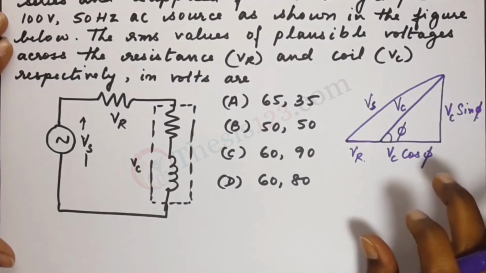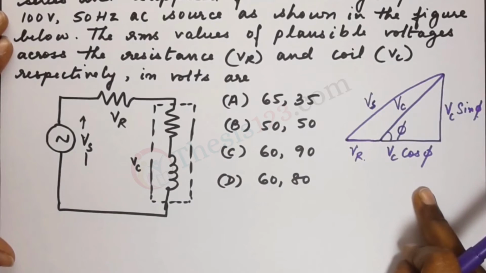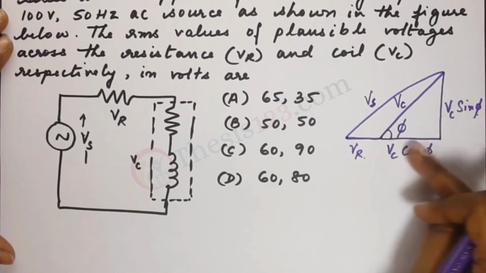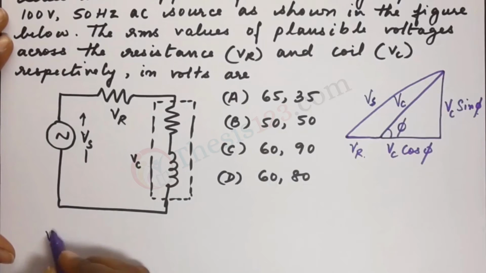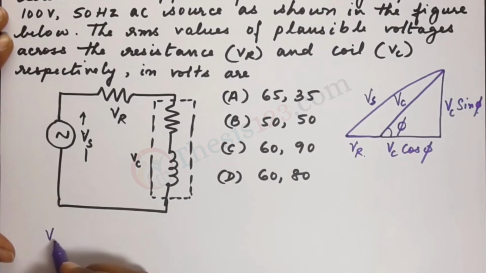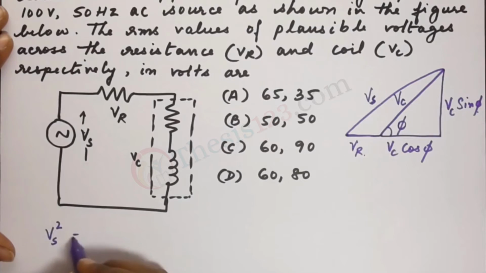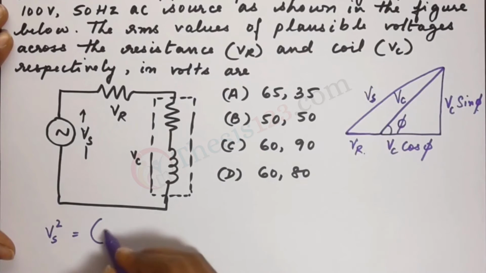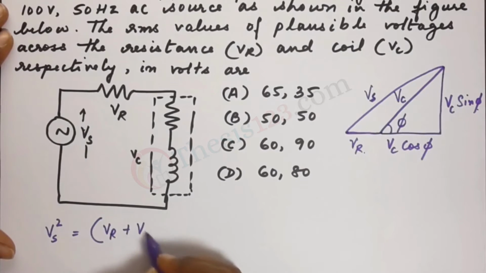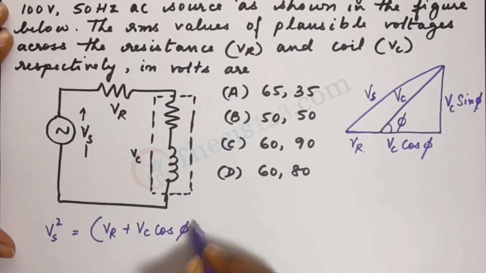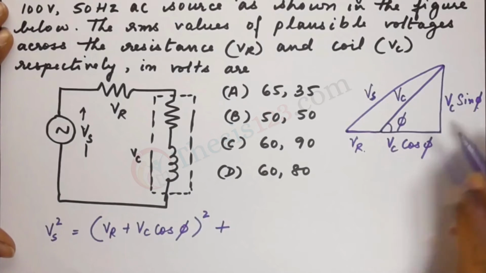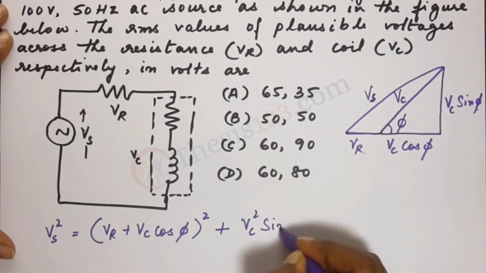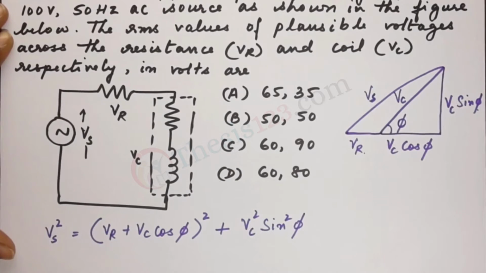Now, based on this, we can write down an equation. Let's take the entire triangle and use Pythagoras theorem. Vs square is equal to the sum of these two: VR plus VC cos phi whole square, plus this component here, VC square sin square phi.